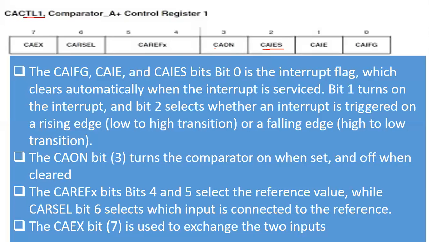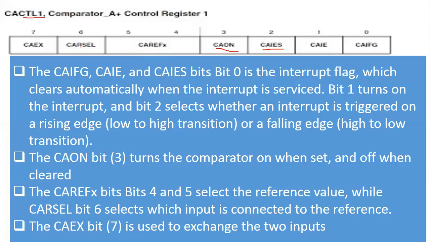CAON means the comparator will be on. If you require the comparator, you can turn it on, otherwise you can turn it off, because this can be used for low power operations. Then CAREF, reference voltage: the fourth and fifth bits are used for reference values, which are used for selecting the input reference voltages.